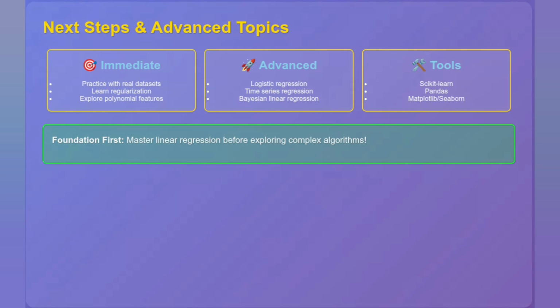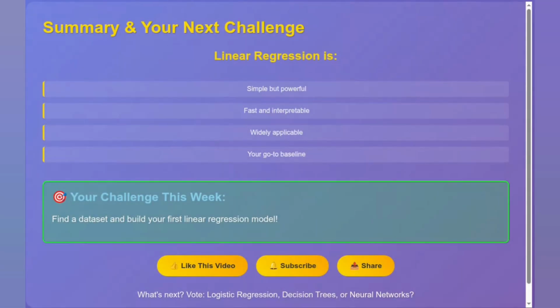Time series regression for forecasting. Bayesian linear regression for uncertainty. Tools to master. scikit-learn for implementation. Pandas for data manipulation. Matplotlib, Seaborn for visualization. Remember, linear regression is your foundation. Master it first, then explore more complex algorithms.